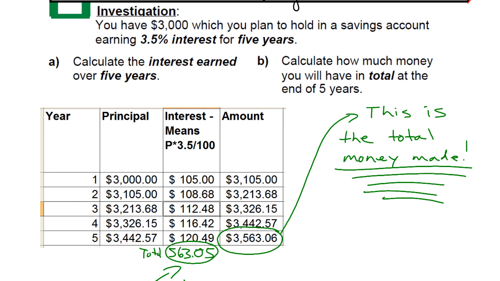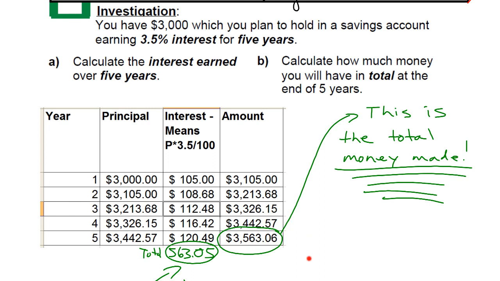But after 5 years, if you leave it, you end up with this amount of money at the end, with $63.05 interest total that you made based on your original investment of $3,000.